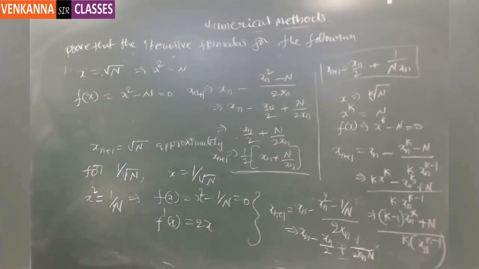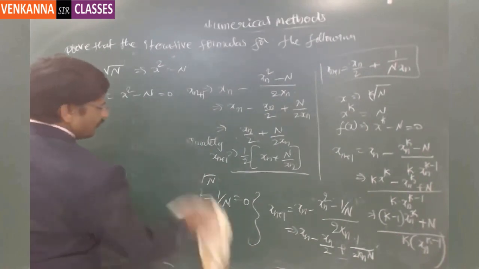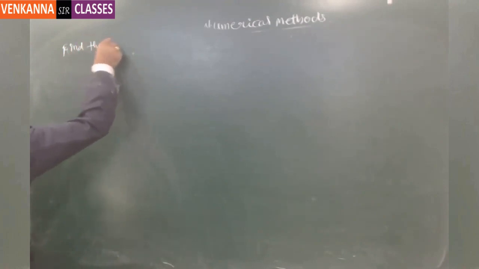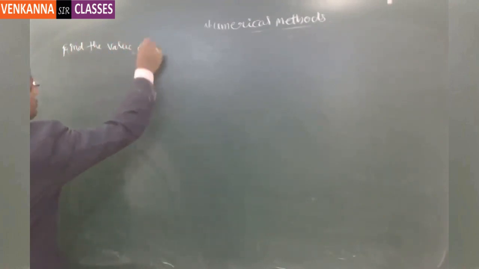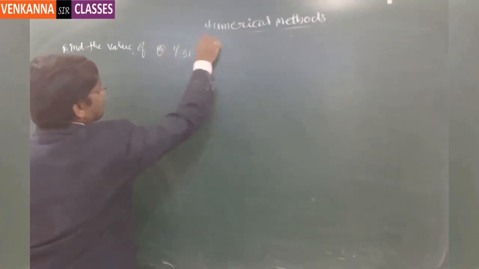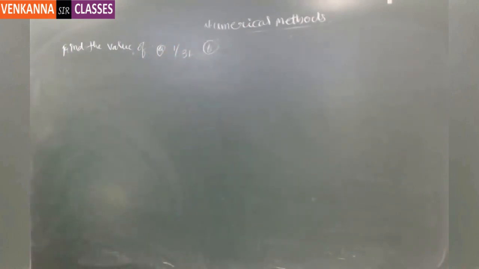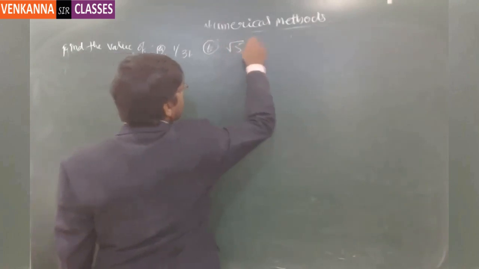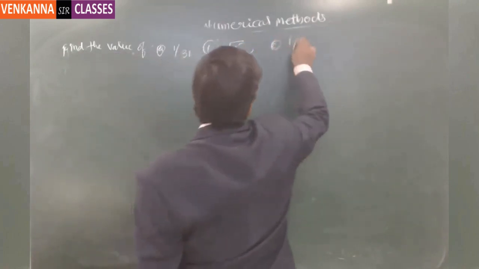So, note down one problem based on this understanding. Find the value of 1 by 31. And the second one is root 5, and 1 by root 14.